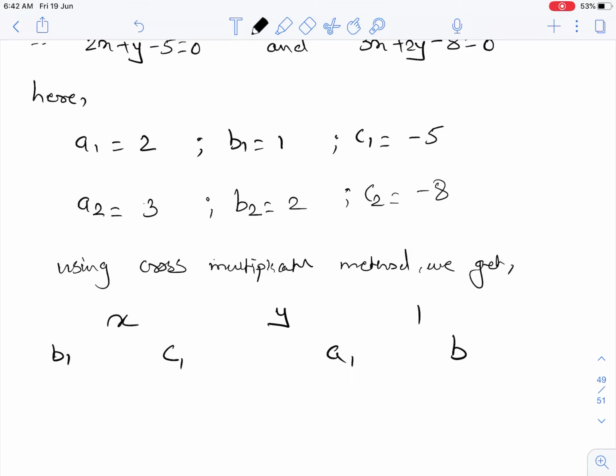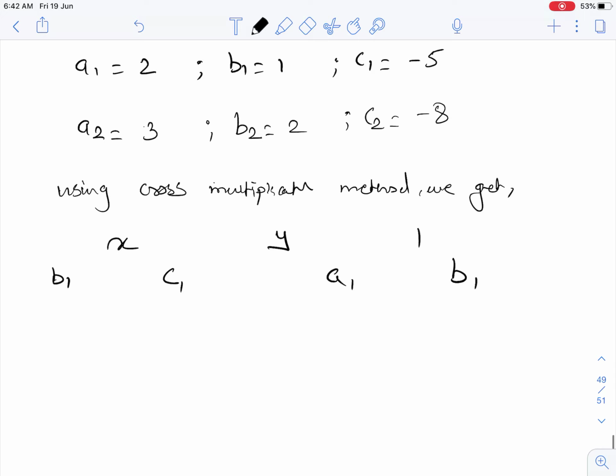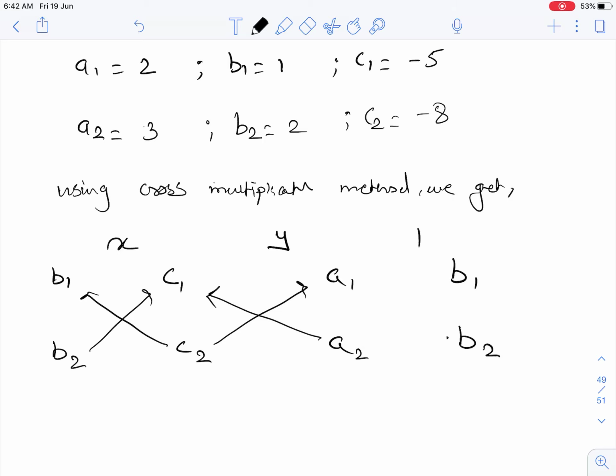Now these all are from the first equation. And then below that we have to write again b, c, a, b. Now this time these values are of the second equation. Now what we will do? We will do cross multiplication in this way.